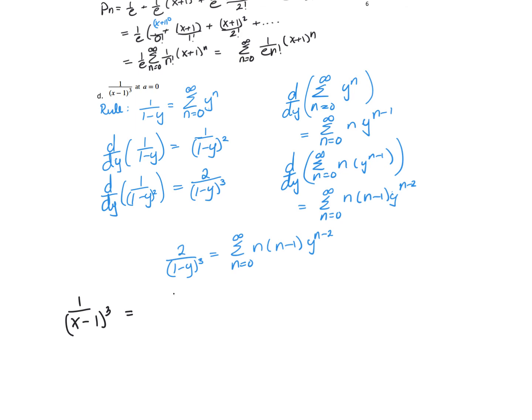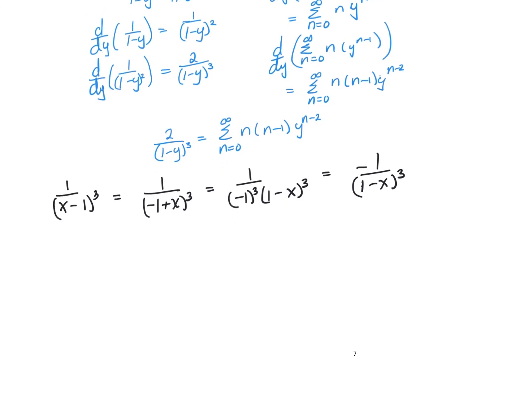I can rewrite this as 1 over (-1 plus x) raised to the third power, which I can rewrite as 1 over (-1) to the third power times (1 minus x) to the third power, by factoring out a negative and raising it to the correct power. So this is equal to -1 over (1 minus x) raised to the third power. What that does for my goal is make it a negative, so this is going to be a -2.